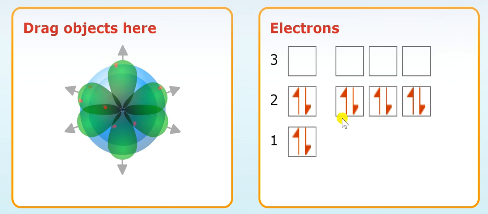And remember the way in which we filled them. We had to put 1 electron per box as up arrows, and then we had to go back and do the down arrows, your second electrons. And that is a rule that we have to follow when we're making these diagrams.